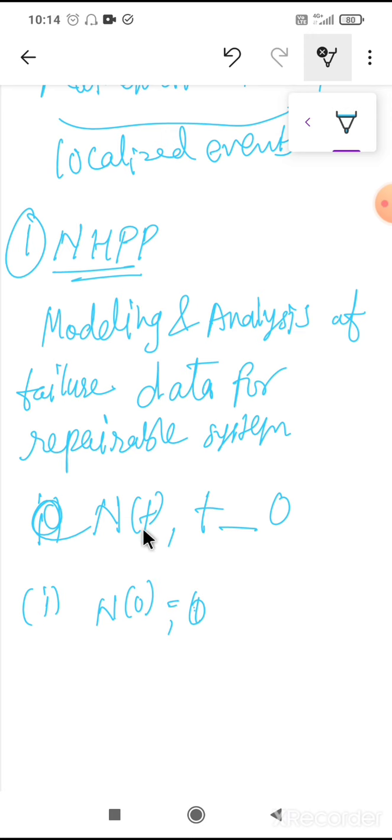This means that when time t equals 0, N will be 0.